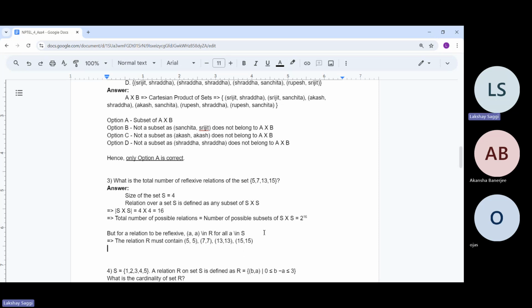Initially, how did we arrive at the formula for the total number of possible subsets of S cross S? We said there are 16 elements in S cross S, and we have a choice over all of these 16 elements, whether to include them or not.